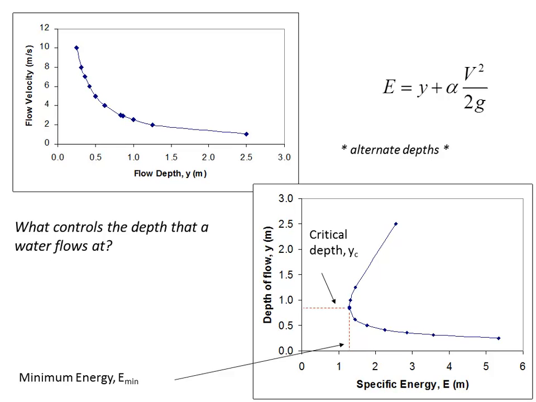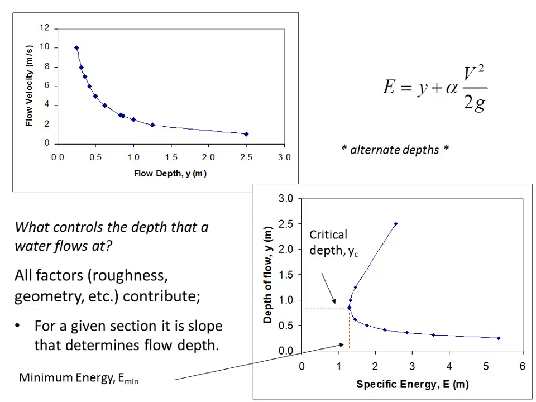So what is actually governing what depth the flow is at? Well, that's a factor of the channel geometry, the roughness of the material that's used. But for any particular fixed material, fixed width, why would sometimes the water be fast but shallow compared to other times it would be deep and slow?